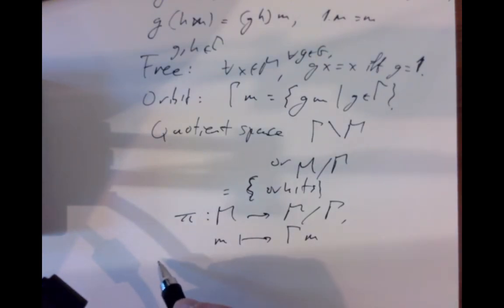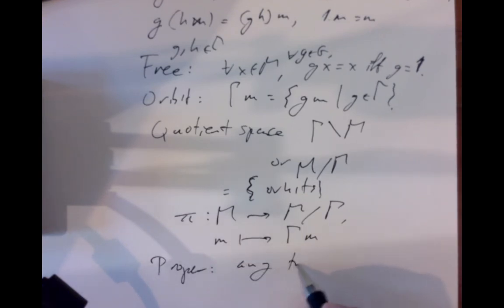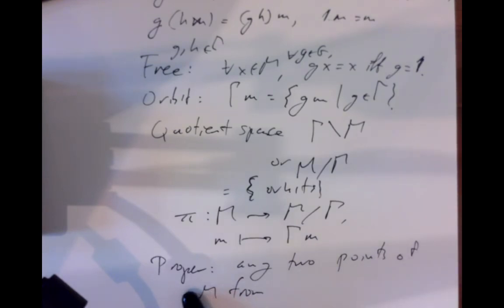And another definition we did is that a group action is said to be proper. This is a special condition, proper. Many actions are not proper. Some actions are, some actions aren't.